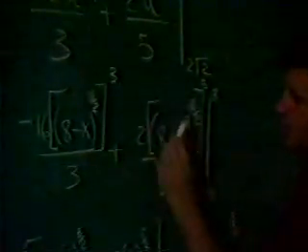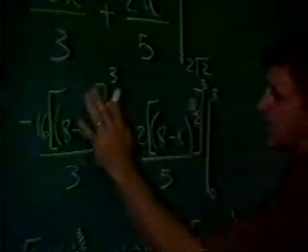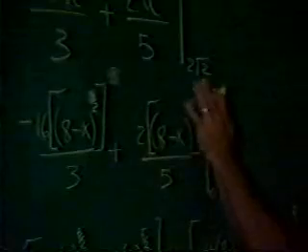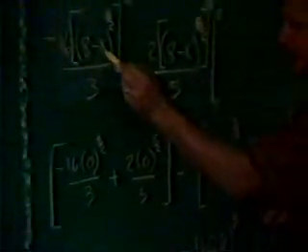But that means, using your laws for exponents, that this will be 8 minus x to the 3/2 power, and this will be 8 minus x to the 5/2 power. The limits are for x. The limits go from 0 to 8. I put in the top limit of 8. Putting 8 in place of x, I have 8 minus 8, which is 0.